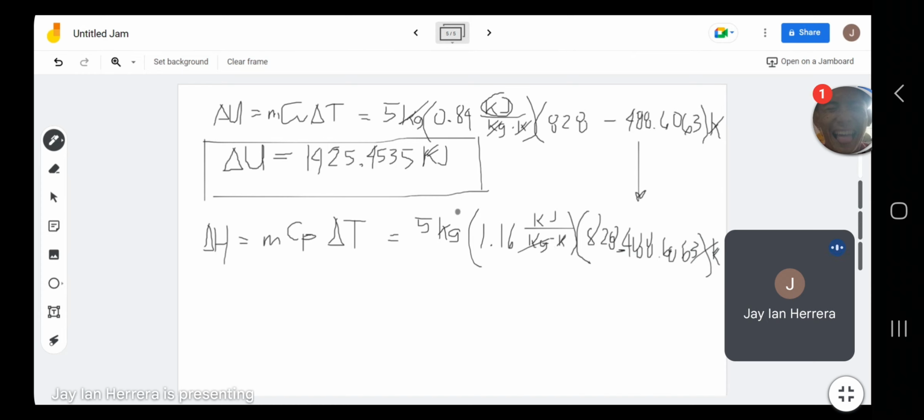So, cancel. Ilan ang ating change in enthalpy?